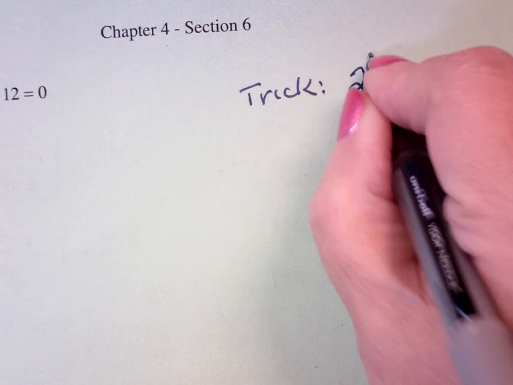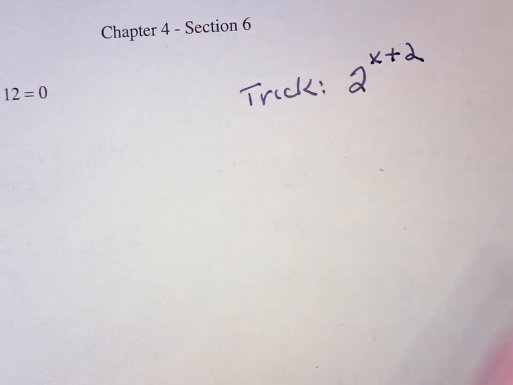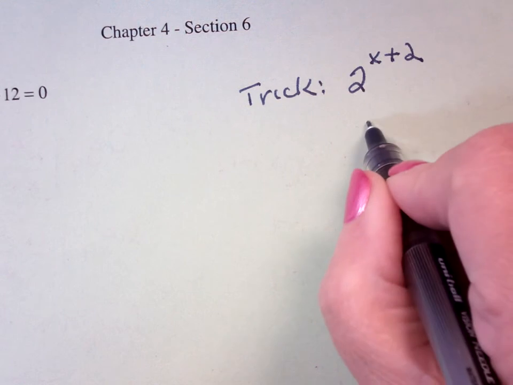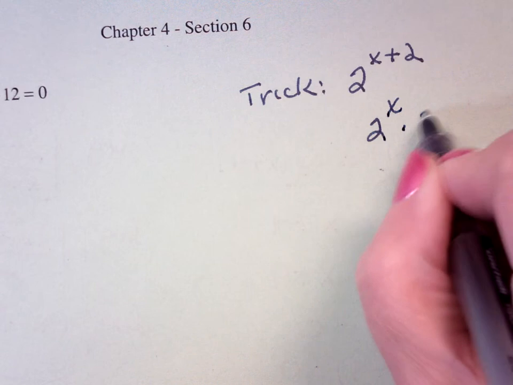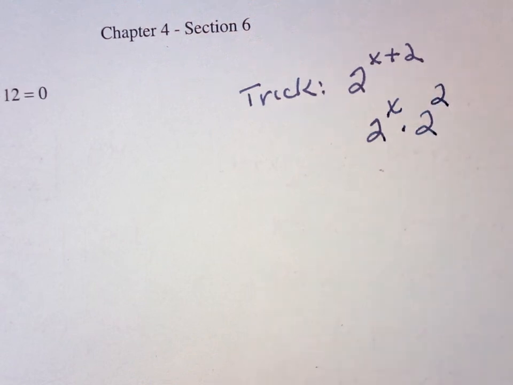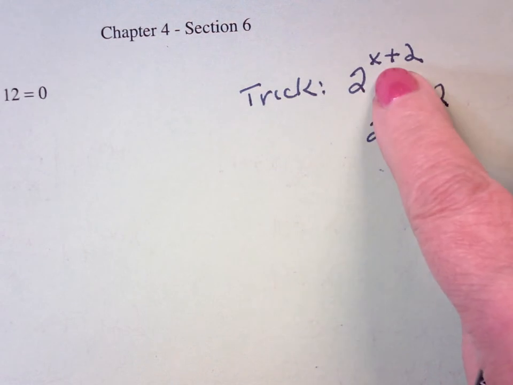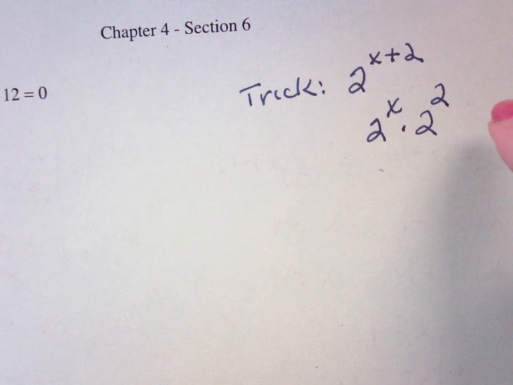But 2 to the x plus 2, I needed a 2 to the x. Well, that's easy enough to get. Property of exponents says this is 2 to the x times 2 to the 2, because if the bases are the same, you add the exponents. So I'm going backwards on the property of exponents.